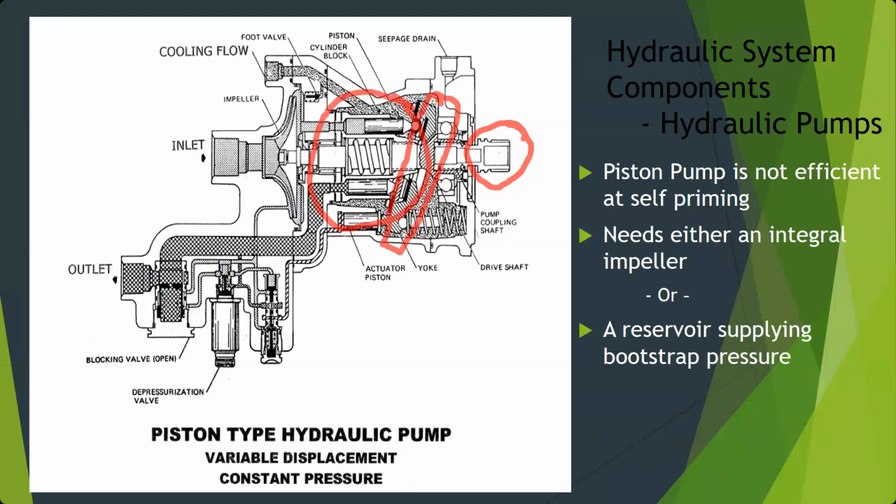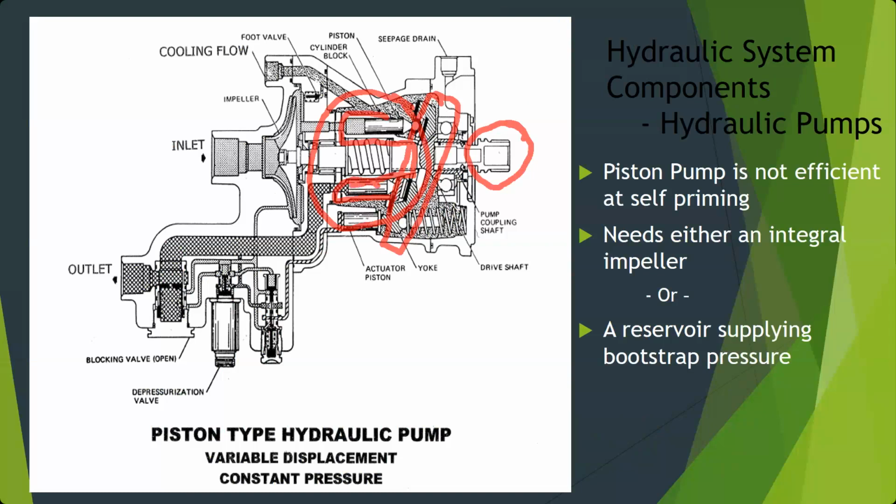And so because that's at an angle as it spins, as this cylinder block rotates, at the bottom these pistons are going to get pushed in by that angled yoke or swash plate.